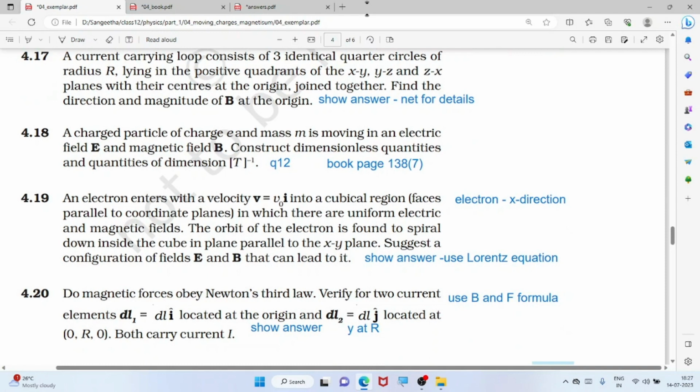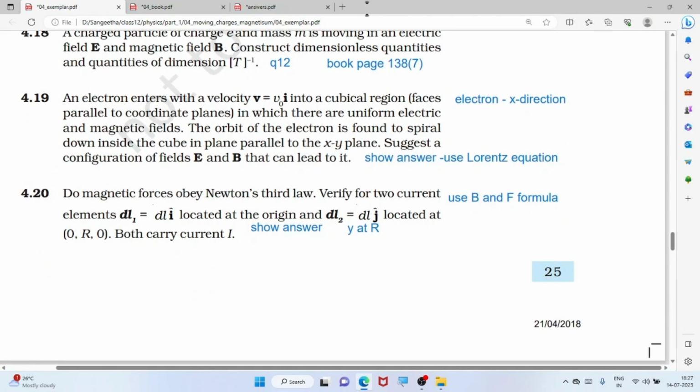A charged particle of charge q and mass m is traveling in an electric field E and a magnetic field. Construct the dimensional quantity. Same as I showed you for question number 12 also. An electron enters with velocity in the x direction into a cubical region parallel to the coordinate planes in which there is a uniform magnetic field.